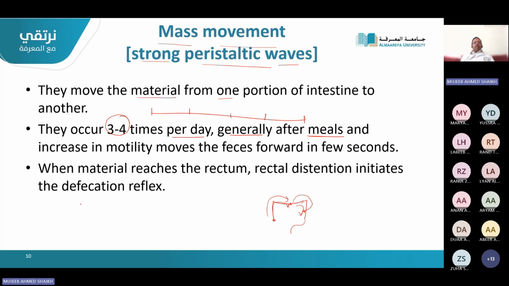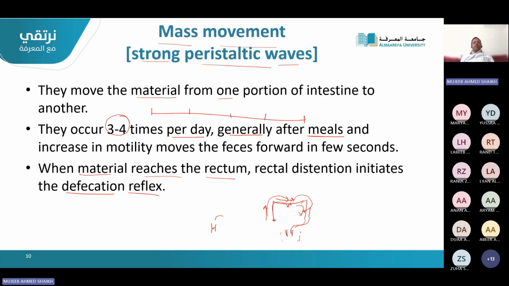Once the material or the chyme reaches the rectum, it starts from ascending, transverse, descending, sigmoid, and when it reaches here, it will cause distension. It will make it distended, and it will start a reflex which is called the defecation reflex. So initially, this is the size of the rectum, suppose, and it is closed also.